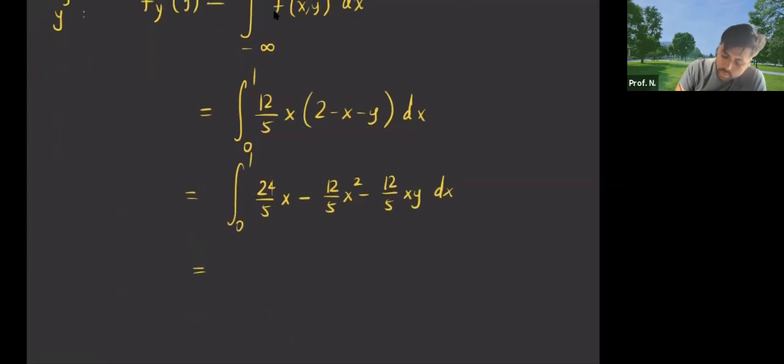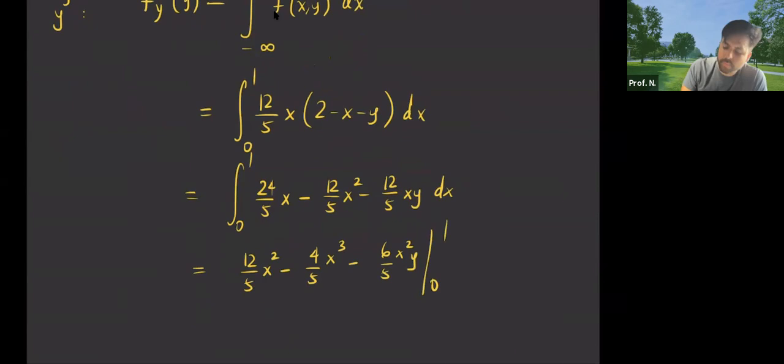This becomes 12/5 x squared minus 12 x cubed over 3, which is 4/5, minus 6/5 x squared y, from 0 to 1. Wherever you see the x, you plug in 1, and if you plug in 0, they all go away.